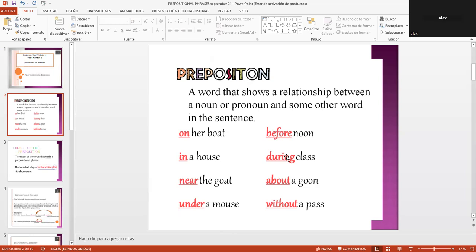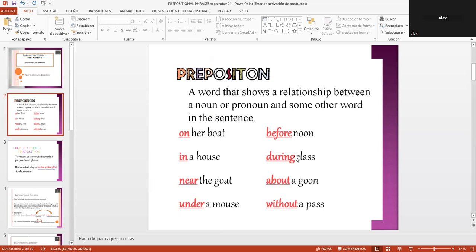But when you say during class, then that's a prepositional phrase. Why? Because you have the two elements: the preposition, which is during, and then the noun, which is class. So when you have those two elements, you can say, okay, I have a prepositional phrase. Okay?